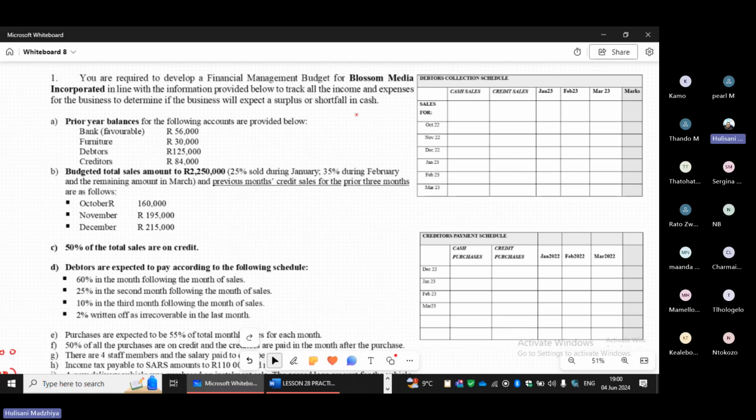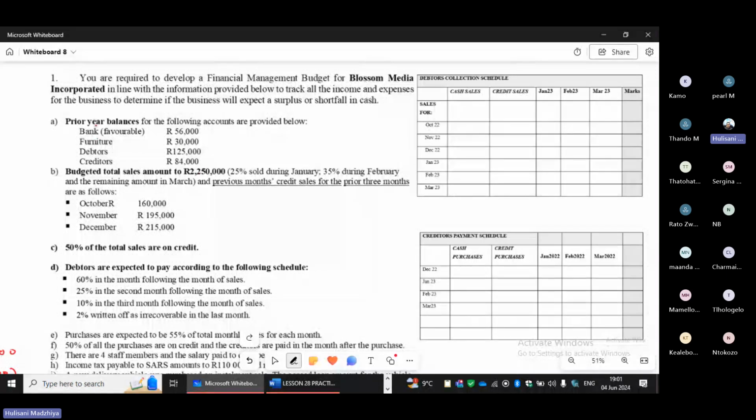Other importance include that a budget allows the company to plan. It also motivates employees, and it allows for coordination within the department or organization so that everything can run smoothly. Those are some of the reasons why the budget is important.